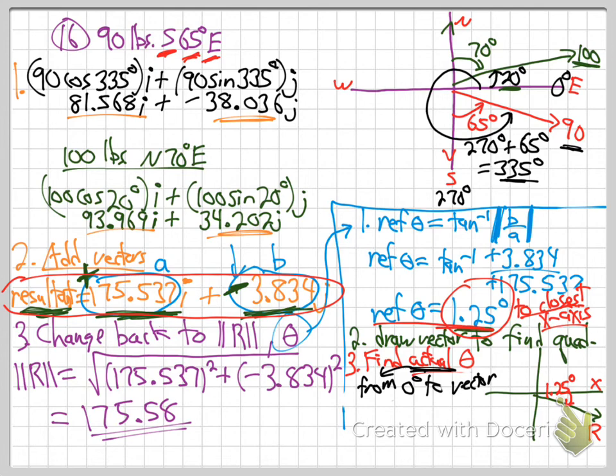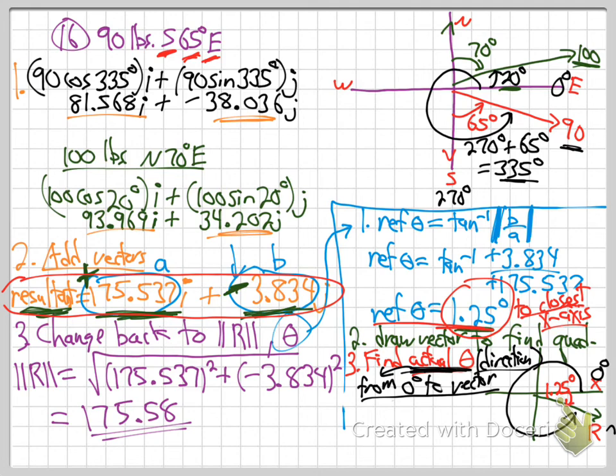Okay, so what's the actual angle? From 0 all the way to there, right? Because this is where 0 degrees starts. From 0 to the vector, that's the actual angle. Or they call it the direction angle. Actual angle, direction angle, same thing. What is it then?